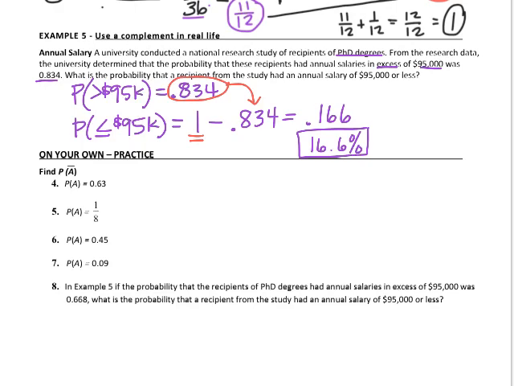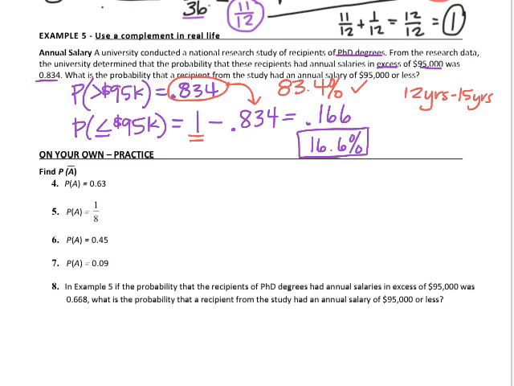The majority of people who have a PhD, that's 83.4%, earn more than $95,000 per year. PhD degrees generally take between 12 and 15 years of study to earn. So I guess if you go to college for that long, it's nice that you get a pretty decent salary.